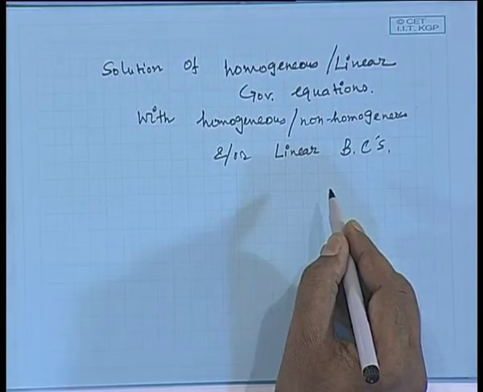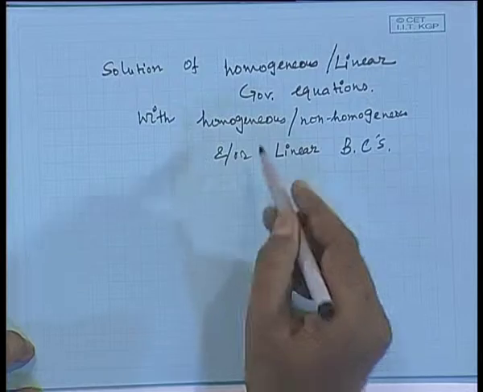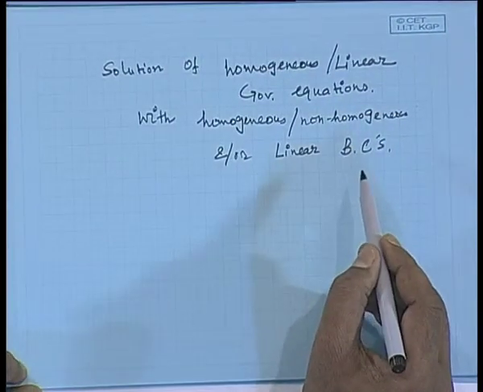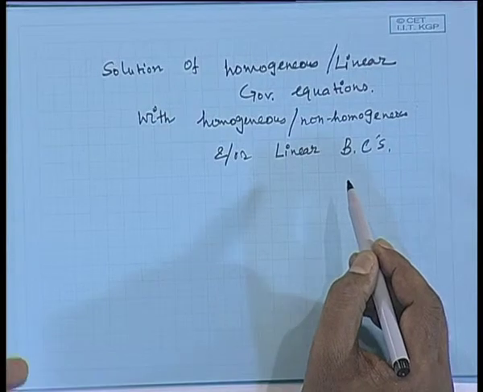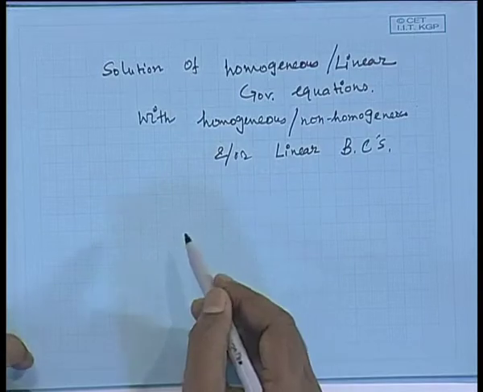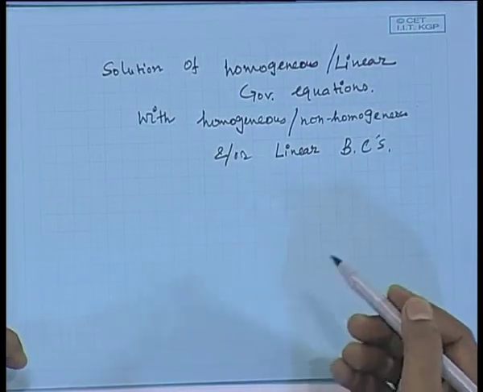Sometimes boundary conditions may be homogeneous or non-homogeneous, so you know how to tackle the non-homogeneity in the boundary condition. Your governing equation may not be homogeneous. I will give you an example. Suppose it is a reactive system, some heat is being generated.